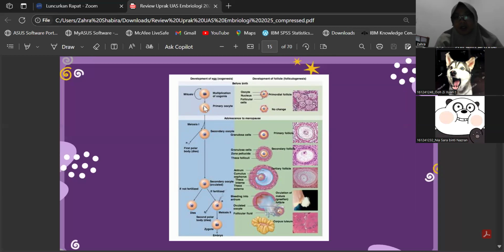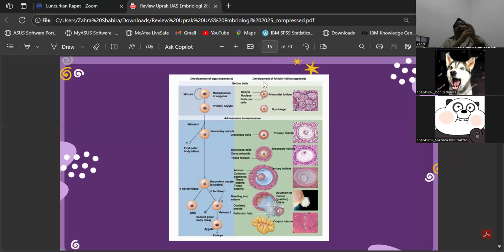For the growth in oogenesis, as the oocyte becomes a mature oocyte, at the same time another process happens, named folliculogenesis. Folliculogenesis is where the cumulus cells grow at the same time as the oocyte matures, and this helps the oocyte to become mature also.